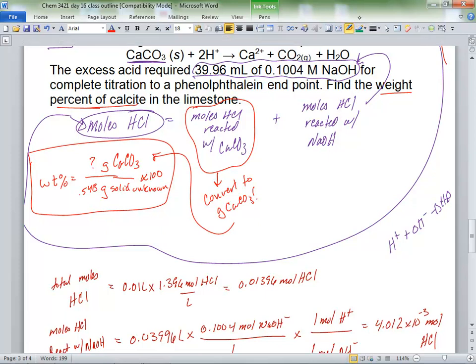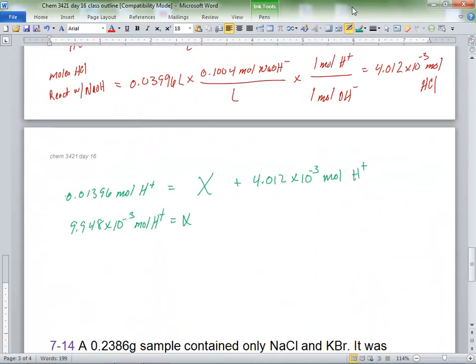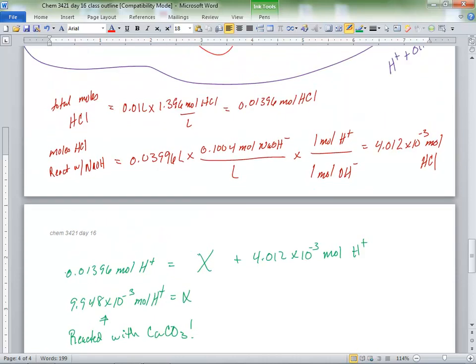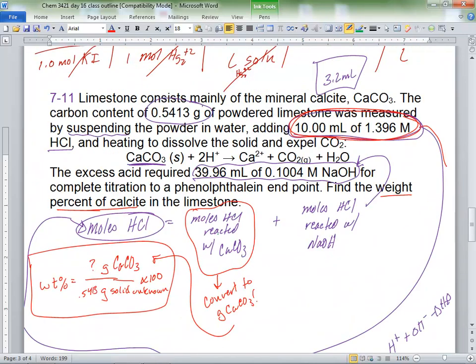Did anybody get that? That's what you need to convert all the way to grams of calcium carbonate. The 0.01396 moles of H plus is the total, and you got that for 10 milliliters. Yes. Yep.